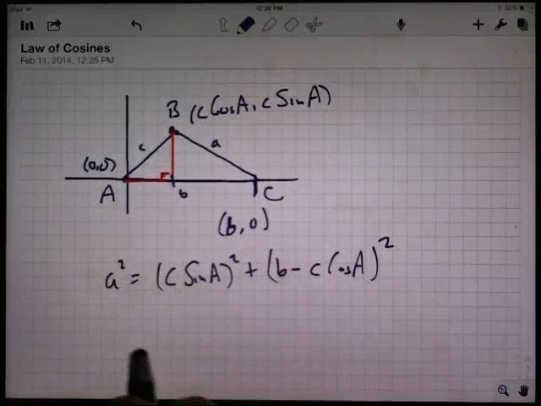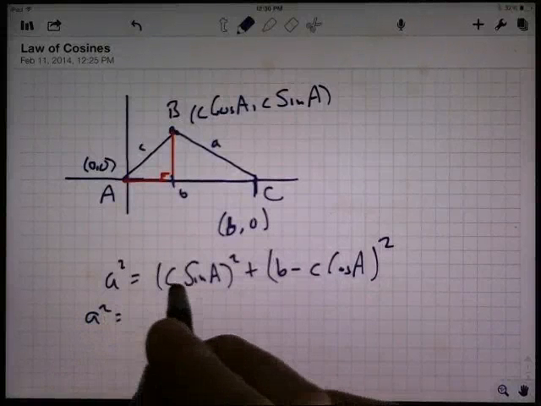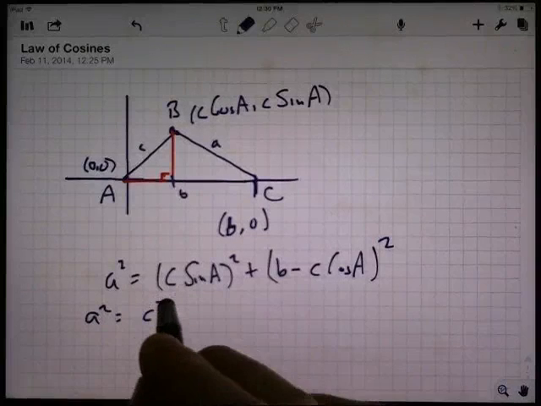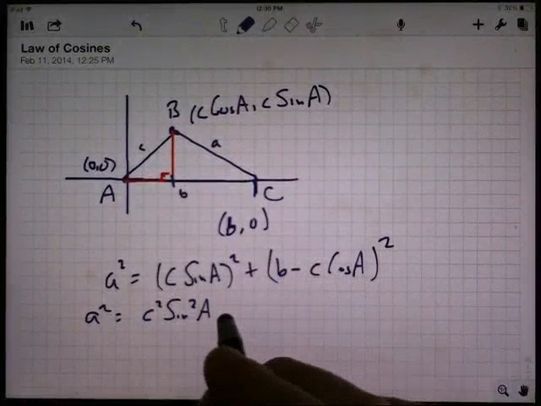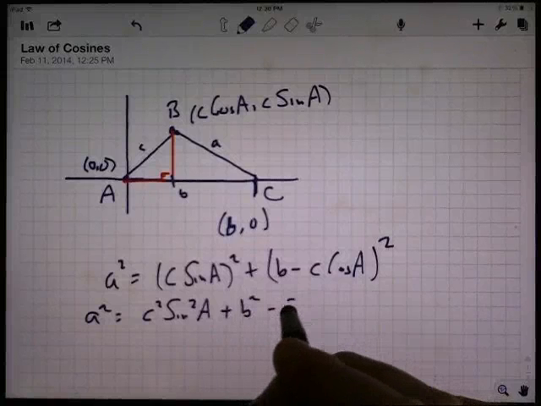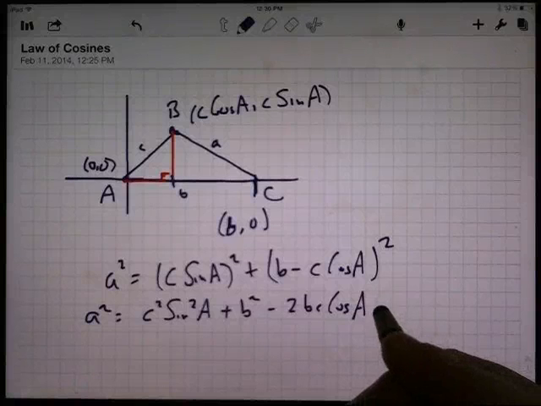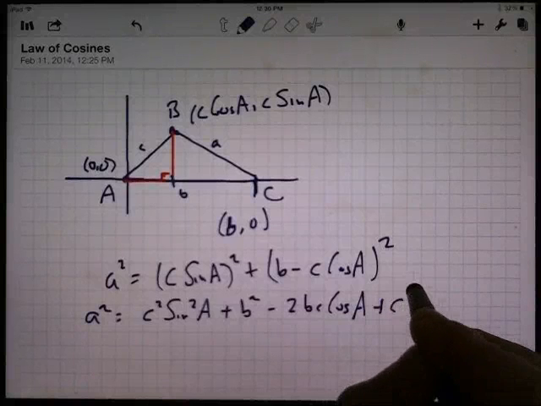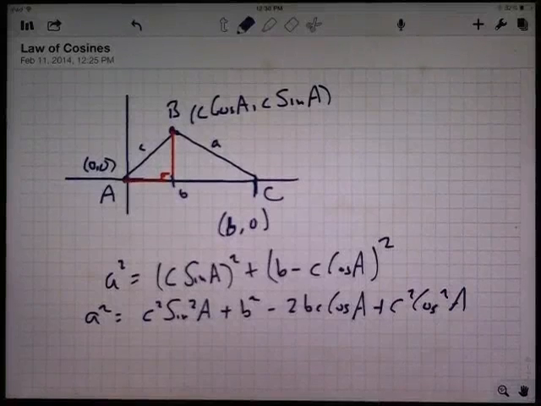Let's see if we can simplify this a little. This is c squared sine squared A, and I'm going to FOIL this out. So I've got b squared minus 2bc cos A, plus c squared cos squared A. Okay.